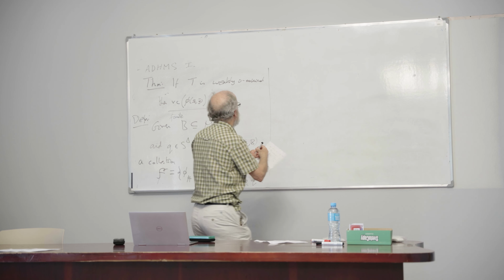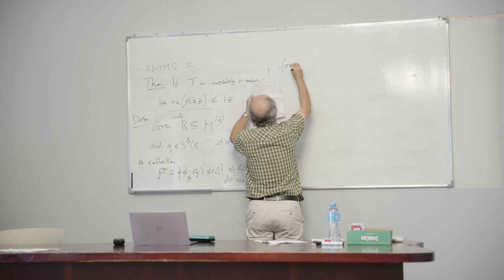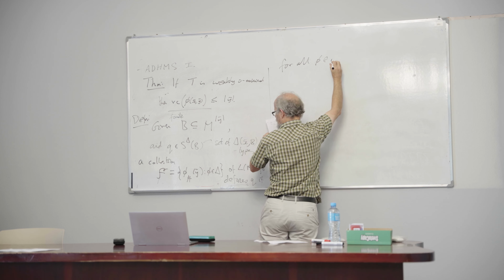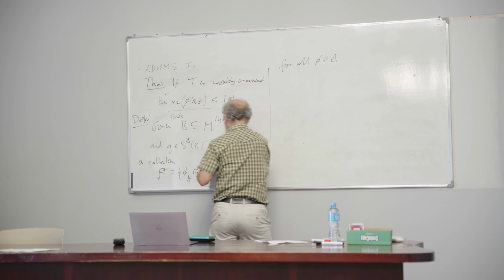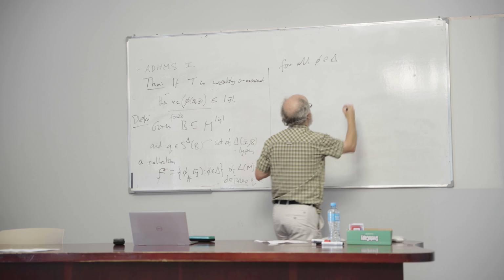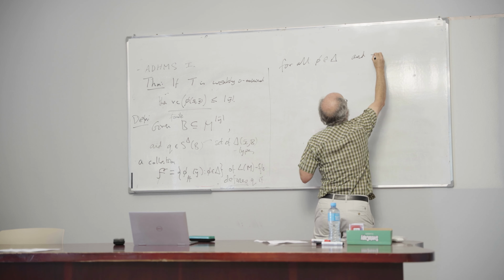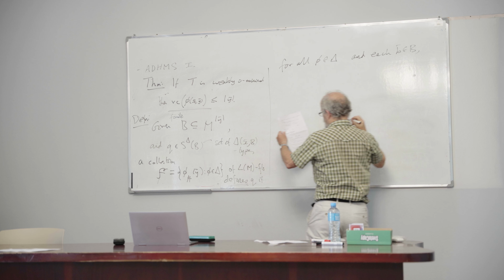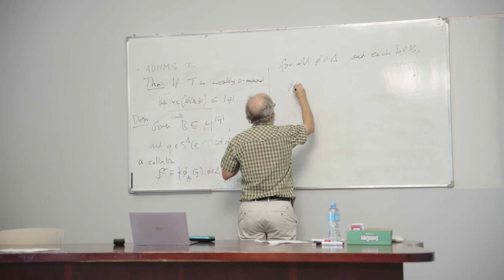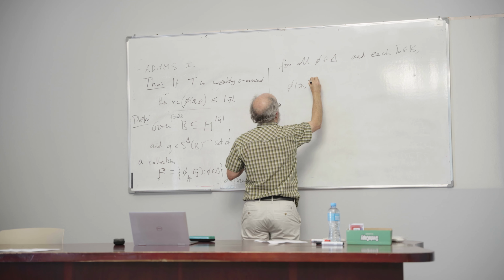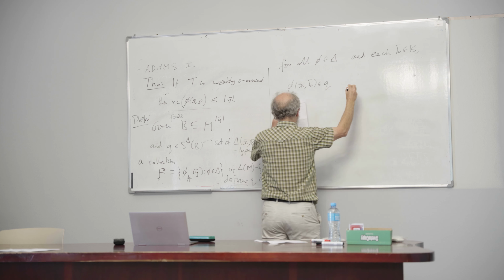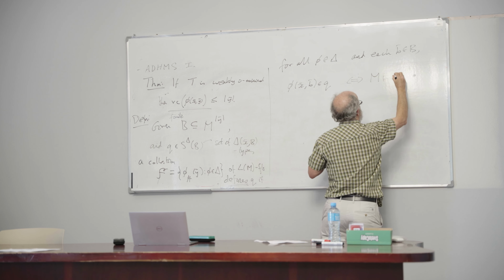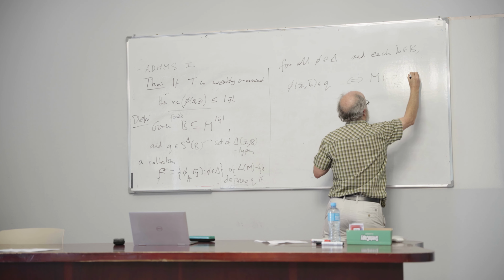for all phi in delta, so for each of these formulas phi in delta, and each b bar in B, phi(x bar, b bar) is in Q if and only if M satisfies phi sharp of b bar.